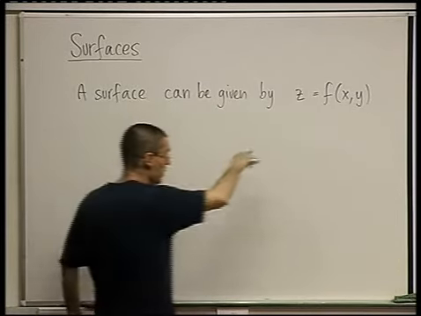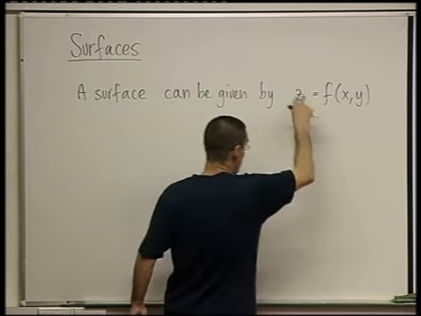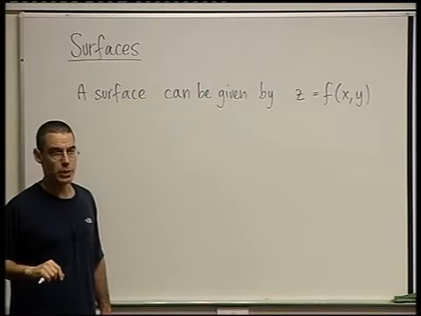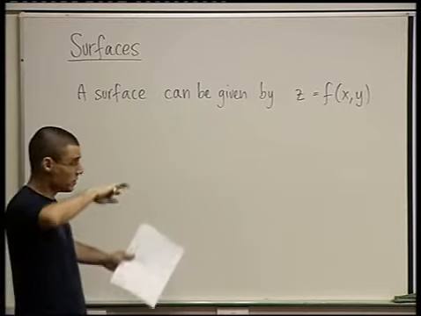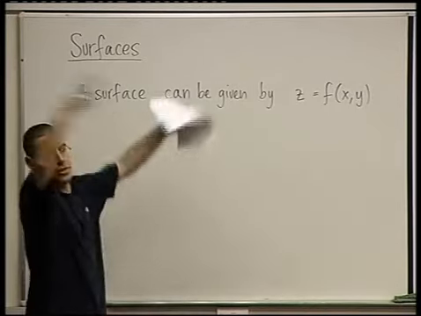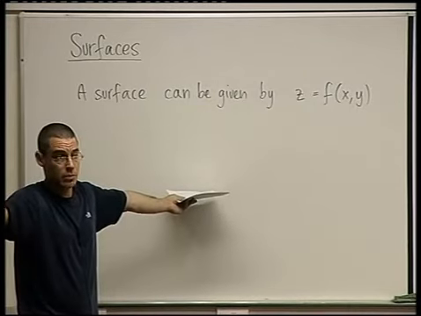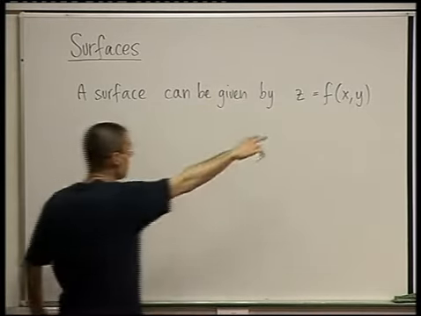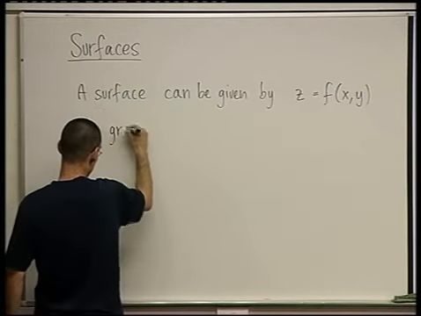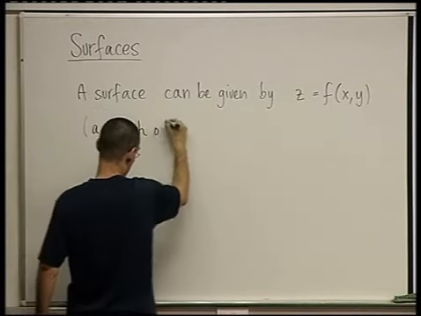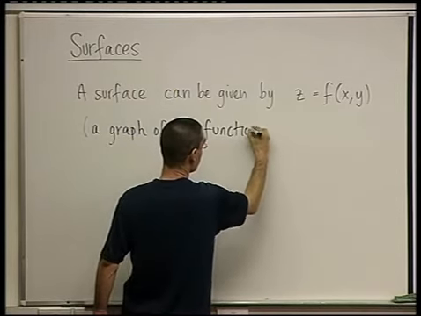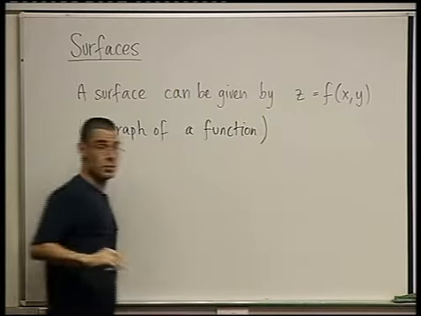The set of all the points x, y, z such that z is f of x, y, that's a surface. Do you agree? In general, a surface is a kind of two-dimensional object embedded in three-dimensional space. So do you agree that the graph of a function is a surface? Does everybody agree?